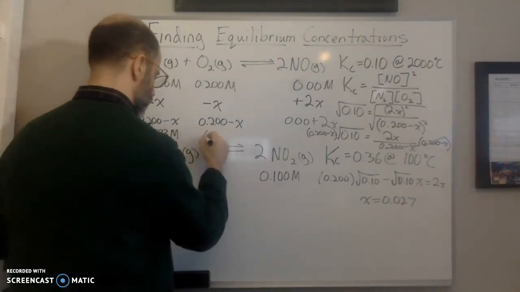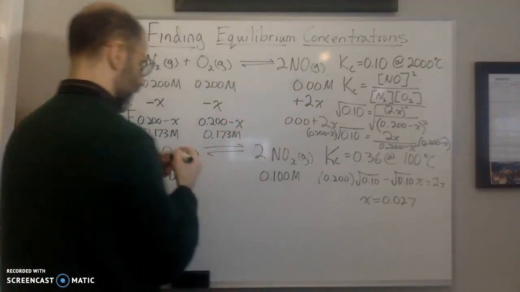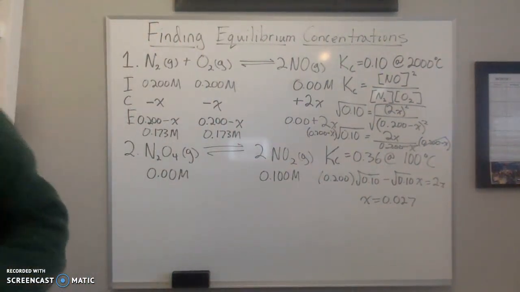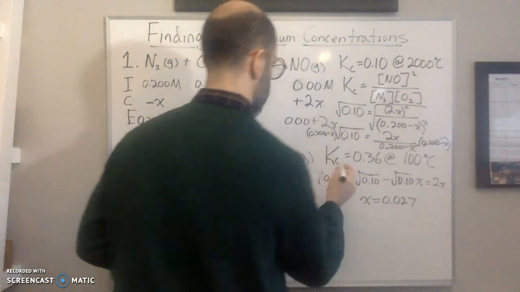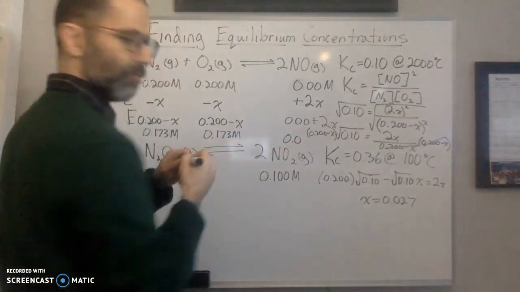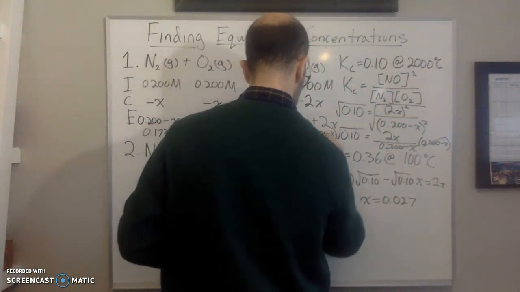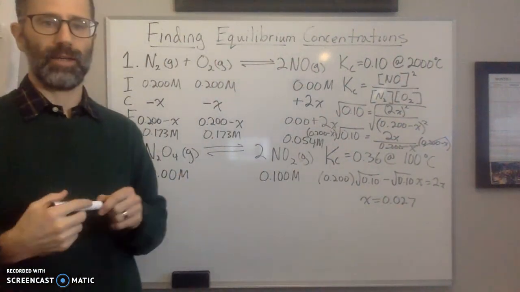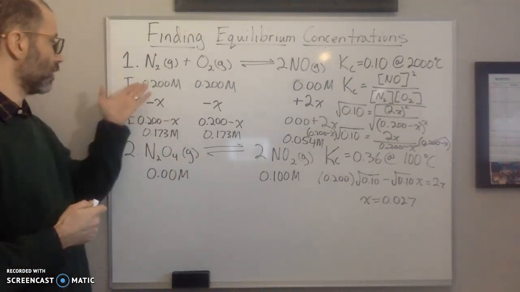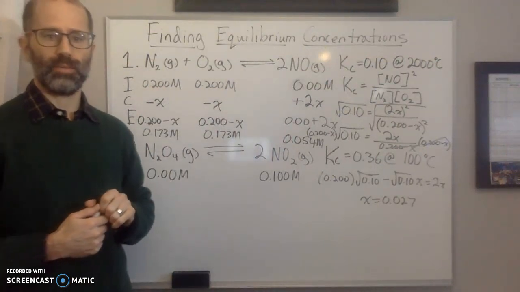And these are the same, so this is also going to be 0.173 molar. And then this one is going to be 2 times x, and this is going to be 0.054. And that's how you find the equilibrium concentrations when you're only given the initial concentrations and your equilibrium constant.